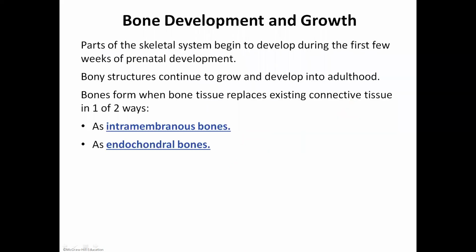Now, when we think about bone development, there's going to be parts of the skeletal system that start developing in utero. So when a female is pregnant, she will go through this prenatal development. And so when we think about these structures, they're going to grow not only in utero, but they continue to grow once that baby is born, and they will continue until adulthood.